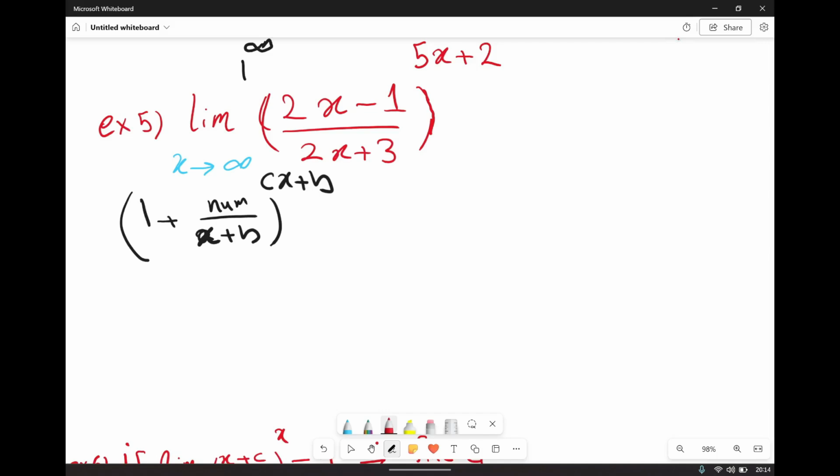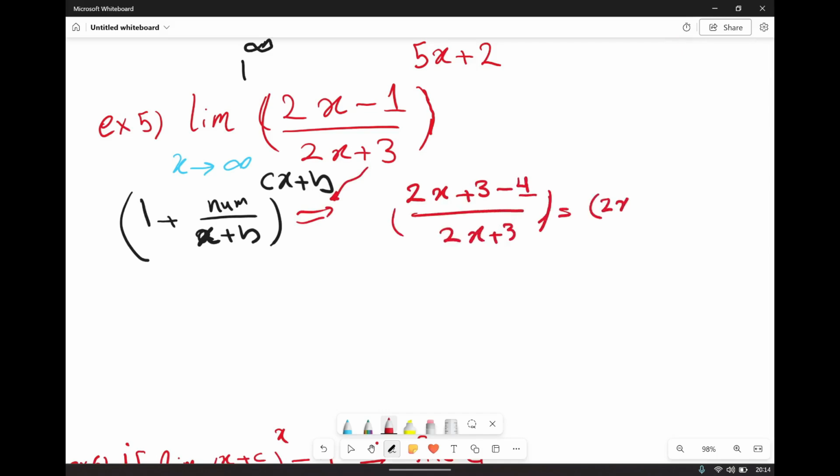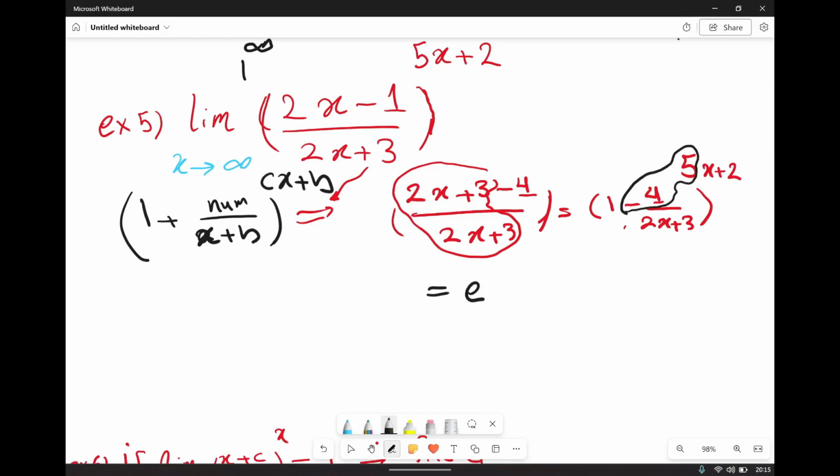Therefore if I renew this form to this form, it is 2x plus 3 minus 4 divided by x plus 3, and we factor this to 2x. Exactly if we write this 4, it is 1 minus 4 divided by x plus 3, power 5x plus 2. Right now it's exactly the type we want, therefore the answer is minus 4 times 5, in the power of e, minus 20.